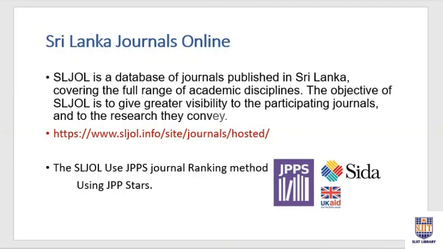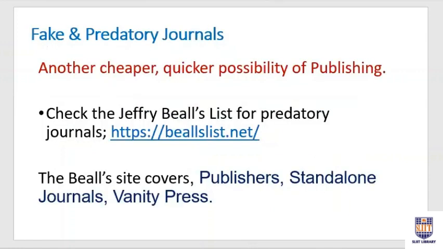It is a very simple evaluation, but it is better for you to go through this evaluation status. It is mentioned on the National Science Foundation website. So please go to this website and find out which are the good journals for you to publish in locally. These are good journals, not all journals. The good journals in Sri Lanka Journals Online are now Scopus indexed.